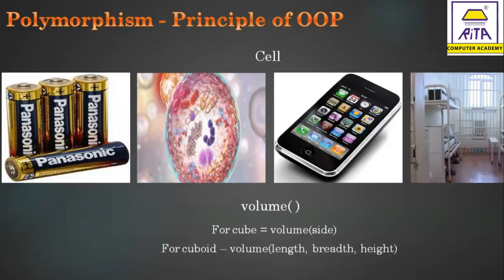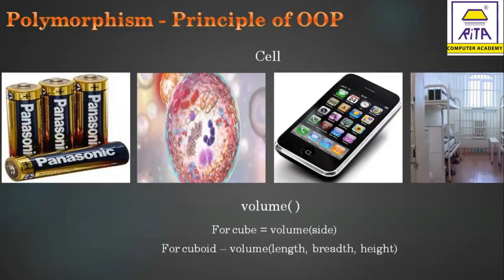The same function volume can be used to calculate the volume of a cuboid, and then it will take length, breadth and height as its input. So the same function is used to calculate the volume of different shapes with different inputs. Using a single function to carry out multiple tasks is called polymorphism.